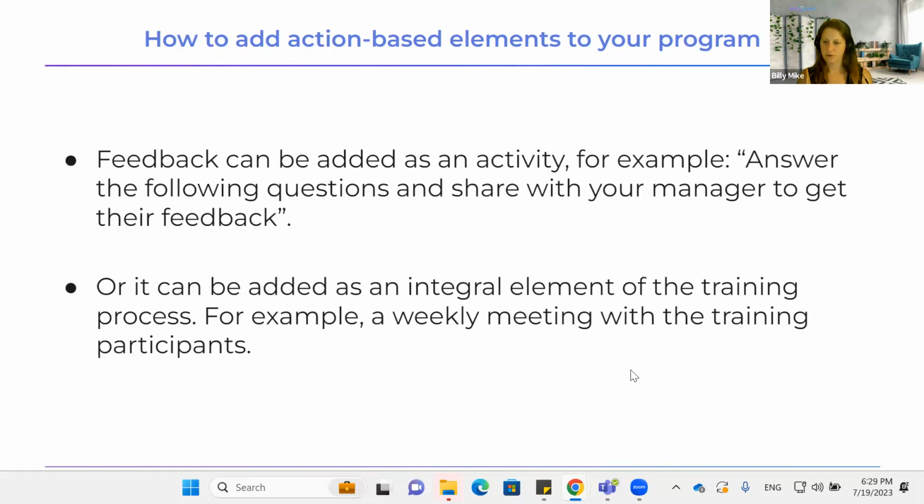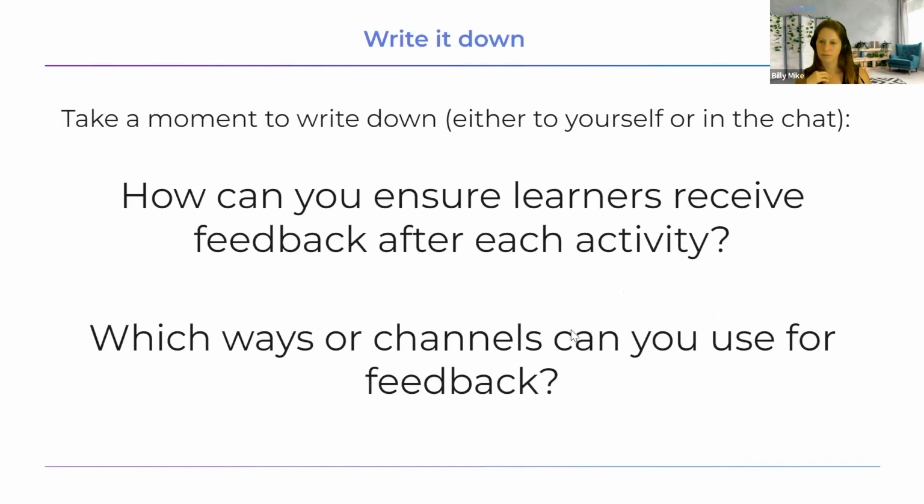So whenever you add these activities and actions as part of your training, try to think what feedback mechanisms we can add into this program, so we can make sure that people really learn from that activity. They will learn from that activity no matter what, but the feedback takes it another step forward and makes sure that we create a really meaningful learning experience.